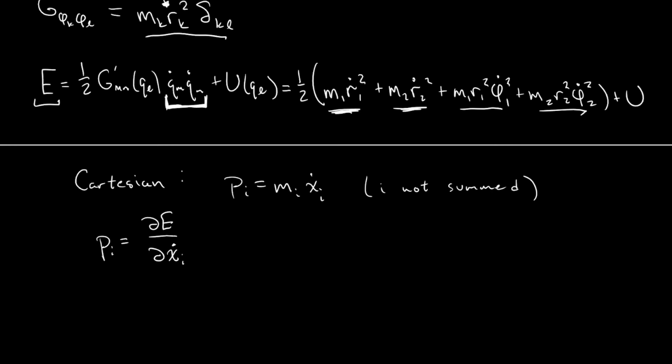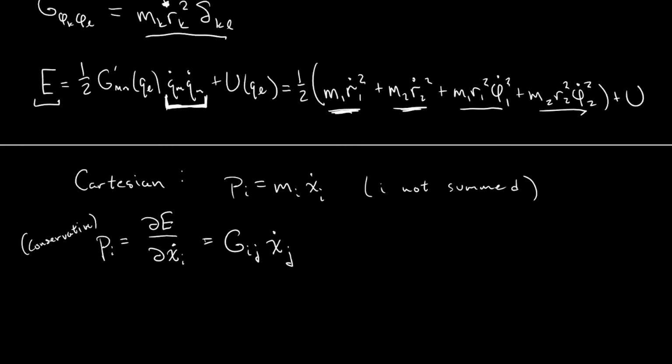Remember, this is for a conservative system. This isn't going to be true in general. But as long as the system is conservative, no x dot dependences show up in U. This is perfectly fine to say. And I'll rewrite this as g_ij x dot j.